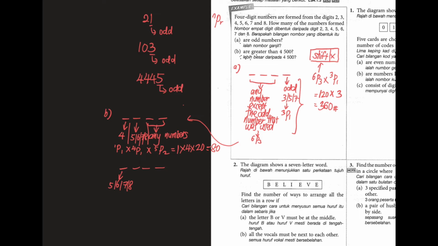So this is going to be 4p1. And the number at the back can be any numbers, as long as you take it from the available choices here.